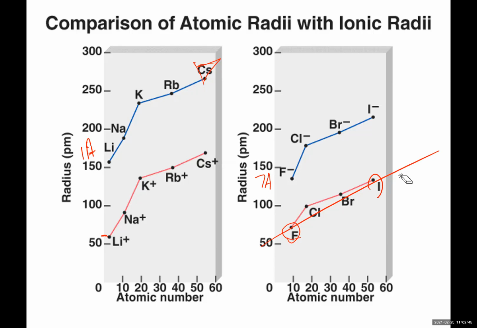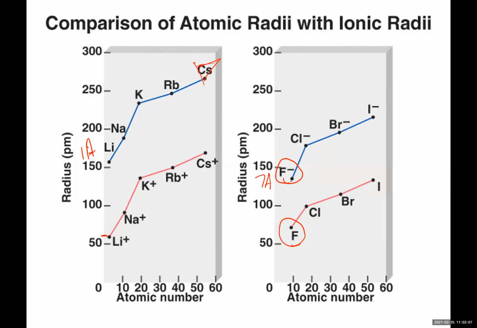All right. What happens when fluorine becomes fluoride? When fluorine becomes negatively charged, you're adding an electron. Repulsion between electrons is increased. Attraction by the nucleus is decreased.